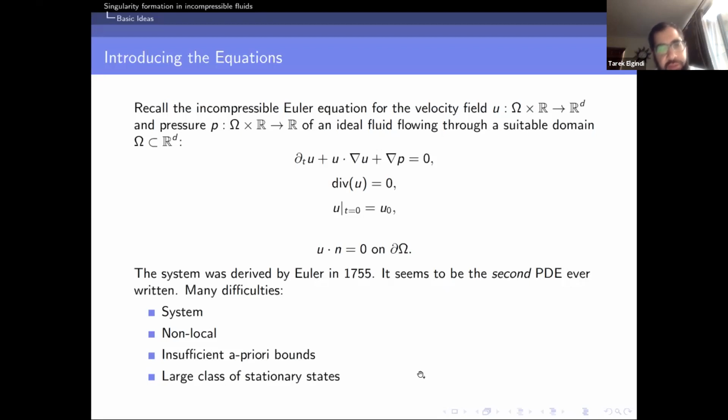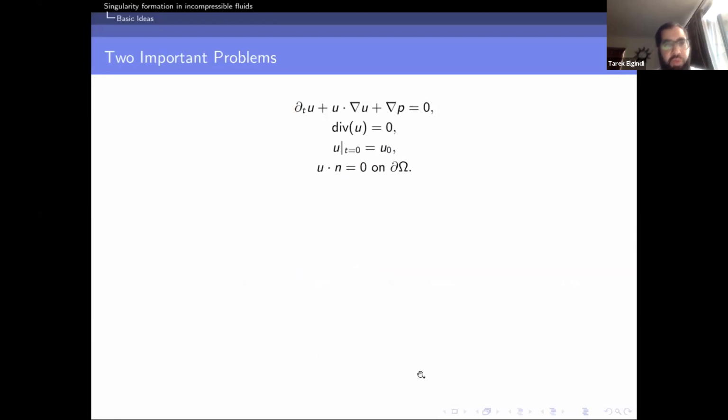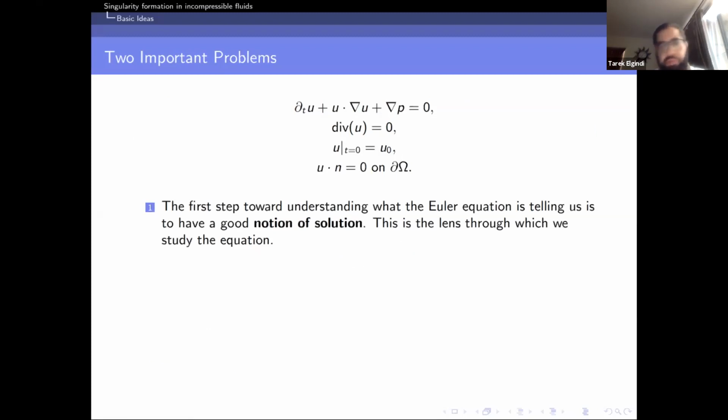Okay, so one can classify work on the Euler equation in two categories, I think. The first one is to try to understand the well-posedness theory of the equation, to try to get a notion of solution that is good for the equation.